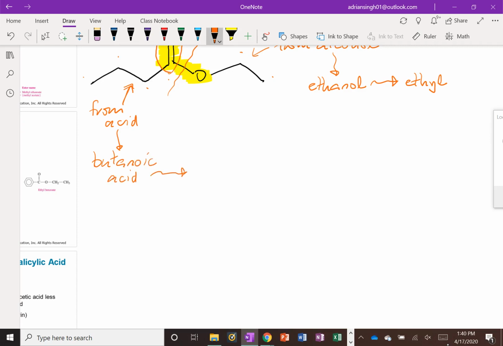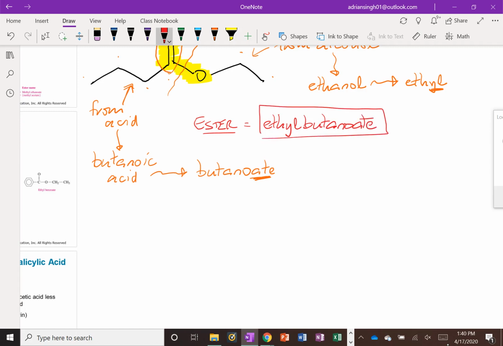And as a last name, it becomes butanoate. So then the name of our ester would be ethyl as the first name, and then butanoate as the last name.